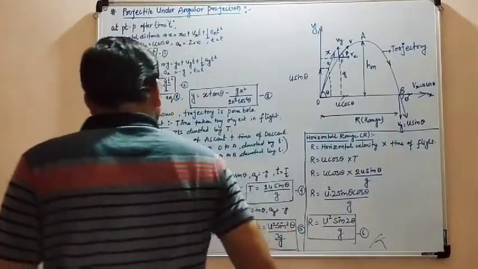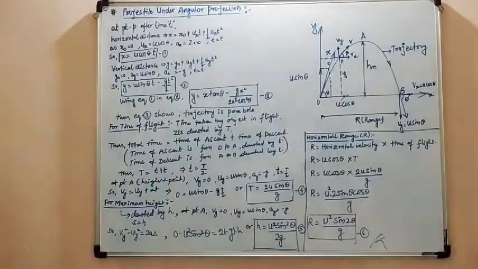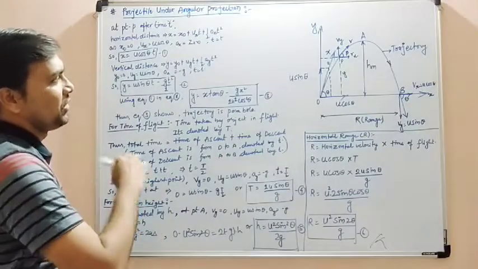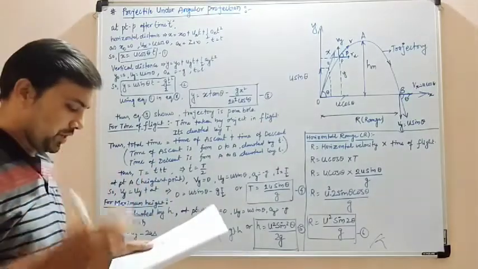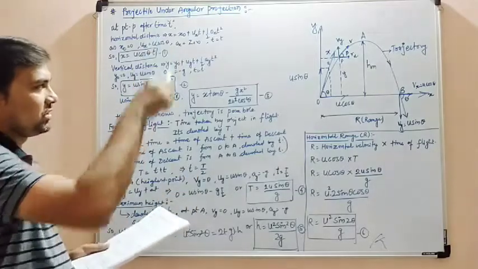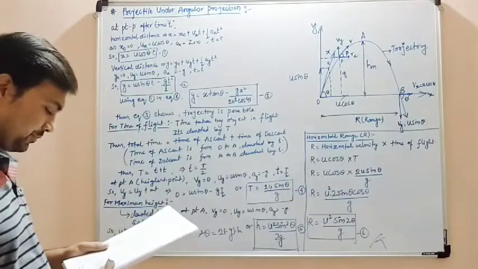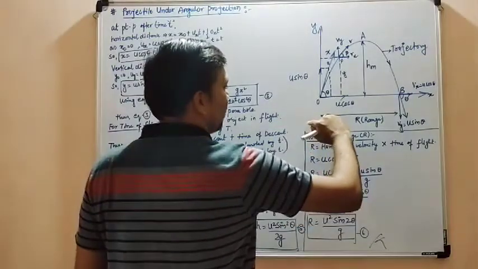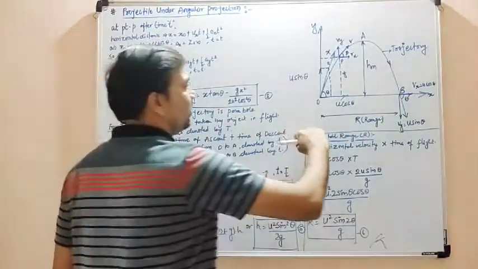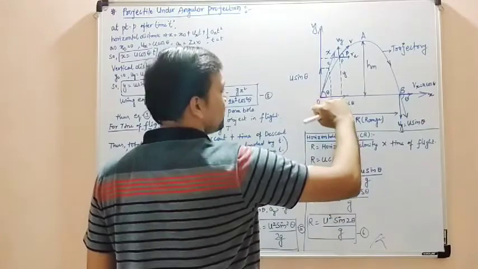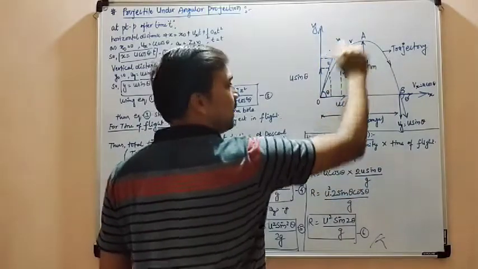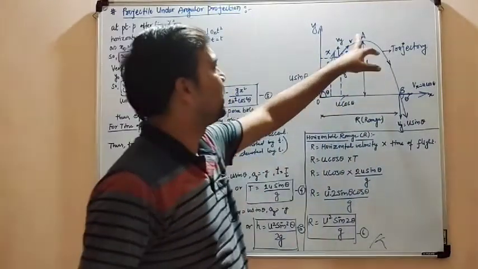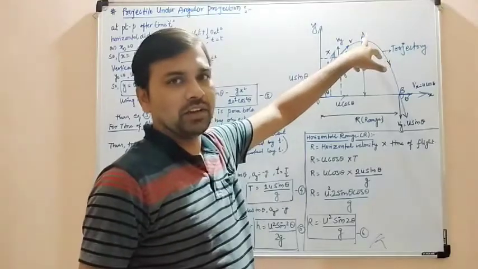In the beginning I already explained that a trajectory always follows two velocity components, the vertical velocity component and the horizontal velocity component. In the vertical component, the velocity keeps decreasing as the object moves from O to A, and at the highest point the velocity becomes 0.